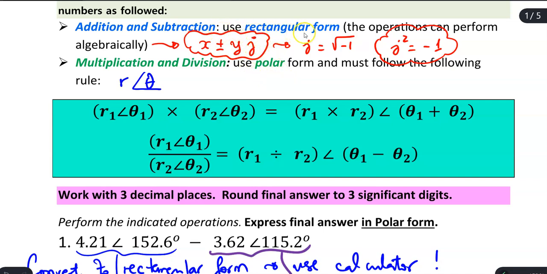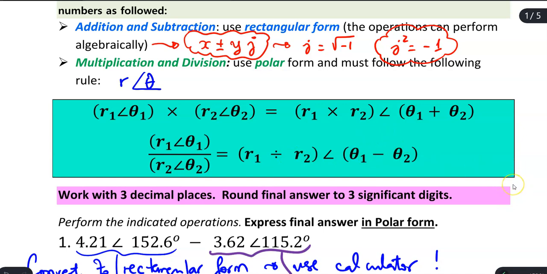So rectangular form is best used for addition and subtraction because we can treat them as like terms and the operations can be performed using the basic concepts of algebra. For multiplication and division of complex numbers, we apply polar form, and then we use the formulas that are given to us.